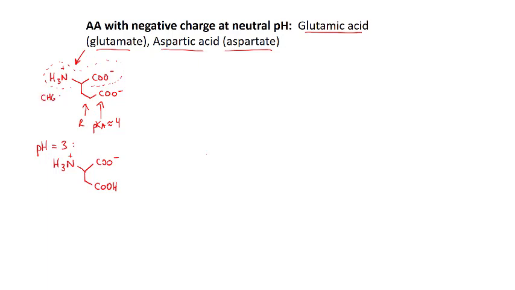Well, the charge at pH 7 is going to be 1 minus. The charge at pH 3 is 0. And what do we notice? We notice that as we drop from pH 7 to pH 3, our charge goes from 1 minus to 0. So once again, as pH drops, your charge becomes more positive.